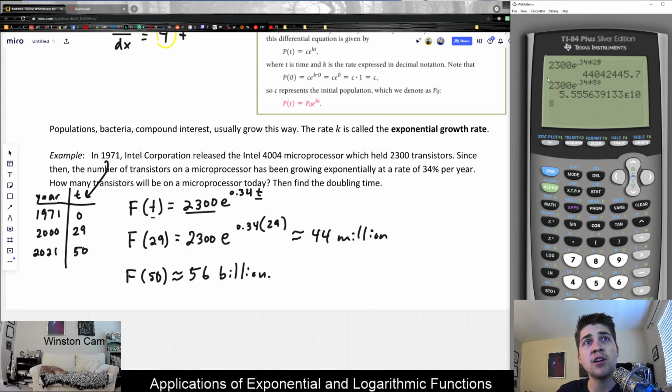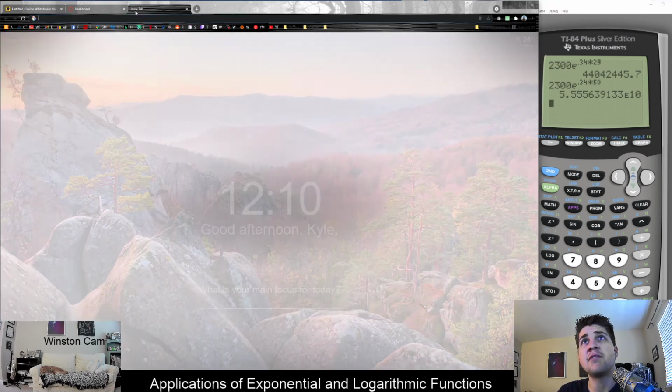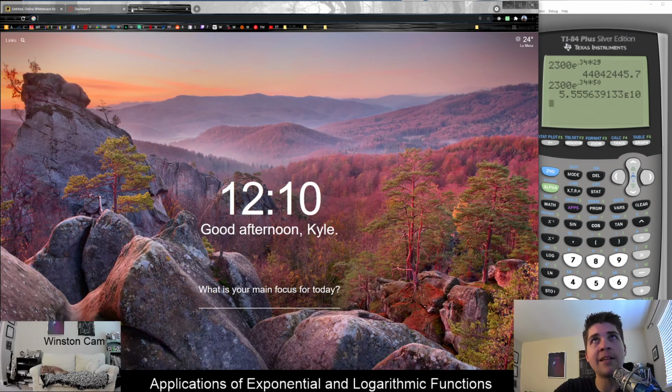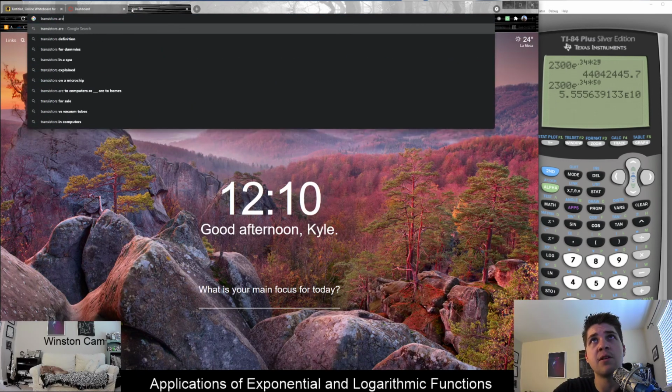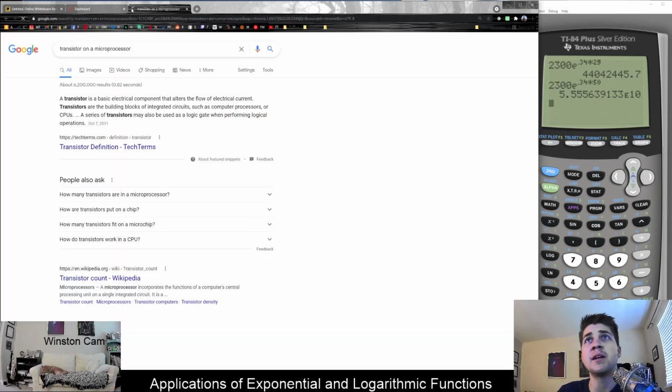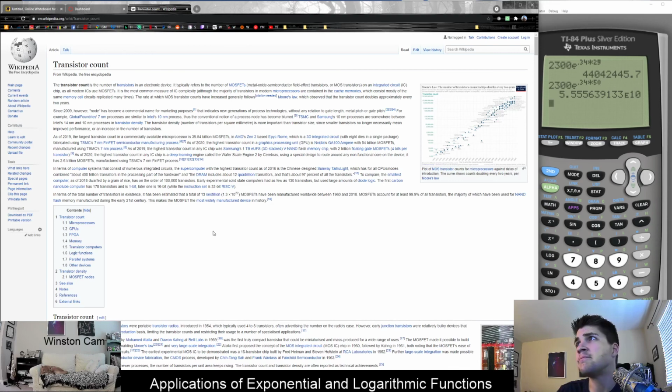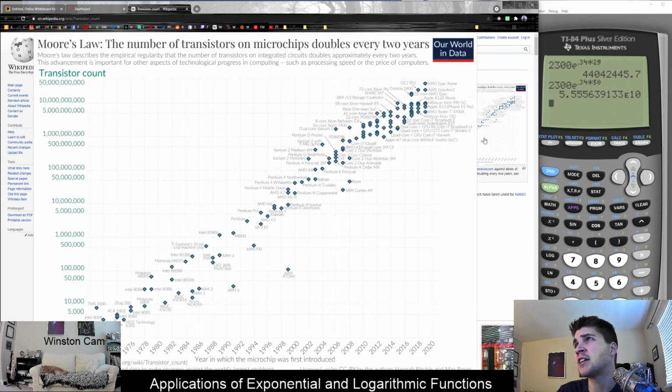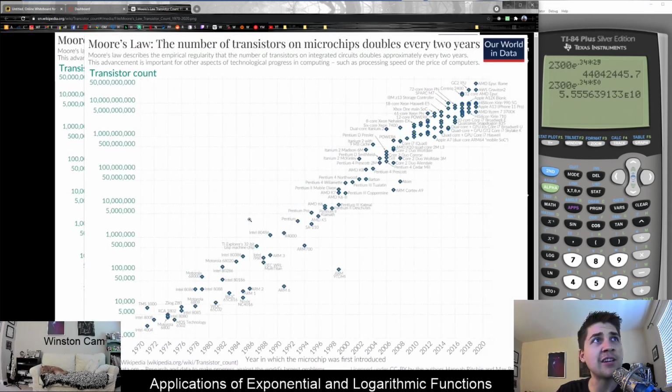transistors on this microprocessor. And we can check for the accuracy of this figure by Googling how many transistors are on a microprocessor and just see what we can come up with. Transistor count, and if we look at the graph, actually it looks more linear upon first inspection, but if you are looking at the scale of the graph, it's actually not in a linear scale.